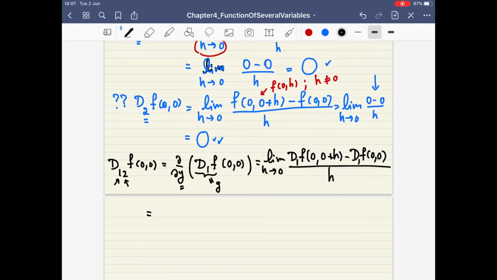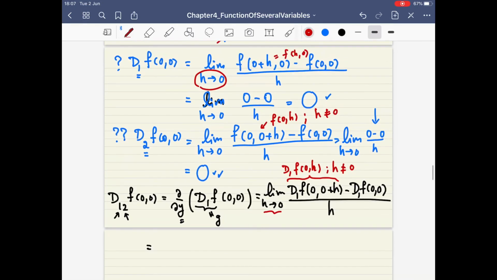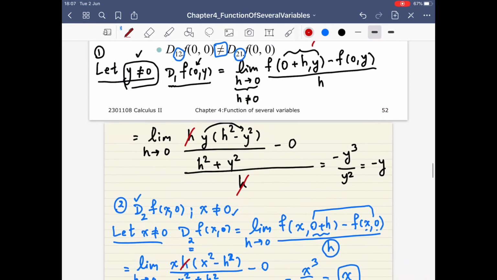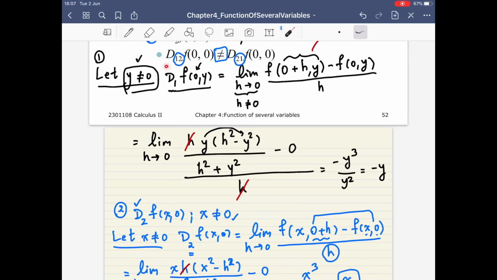If you look at this one carefully, this is d1f 0h. And here your h is not 0 again in this context because you are taking the limit as your h goes close to 0. Do we have this one before, d1f at 0 and some point that is not 0? We did it right here, d1f 0y, when your y is not 0, you got negative y.